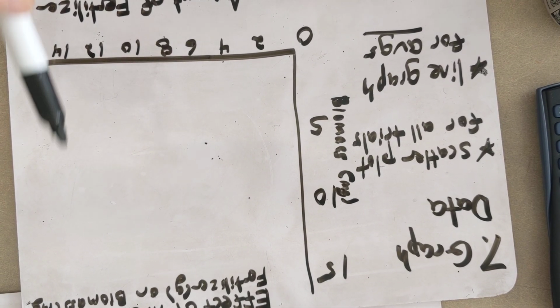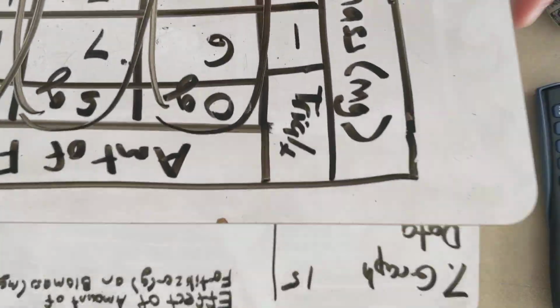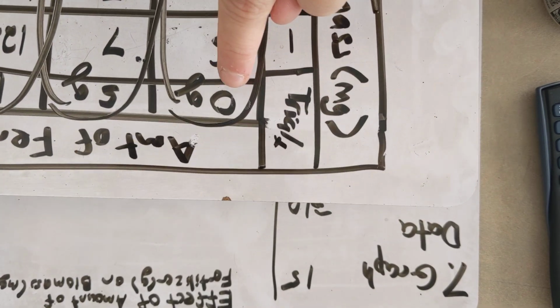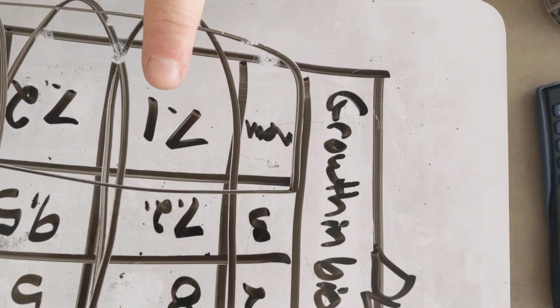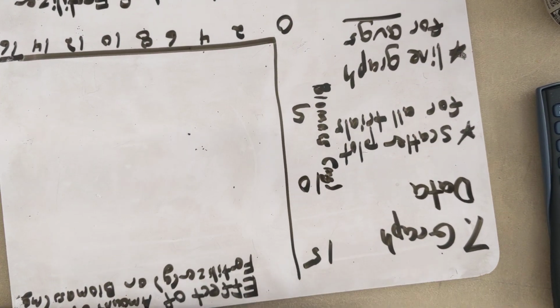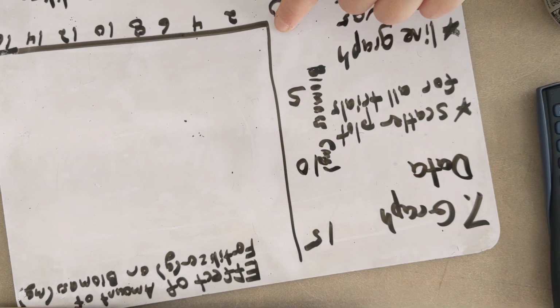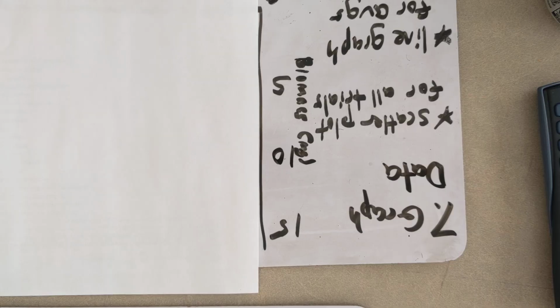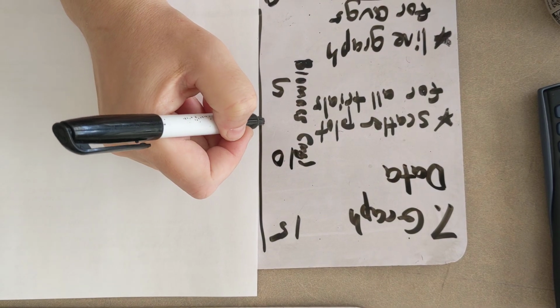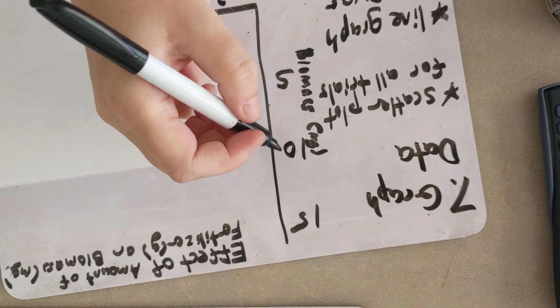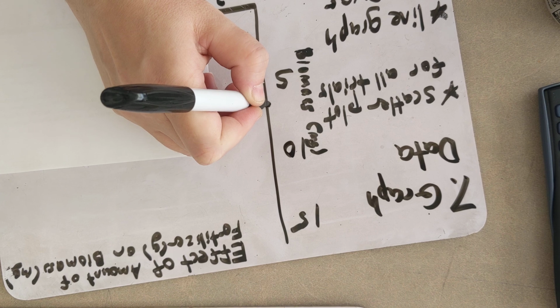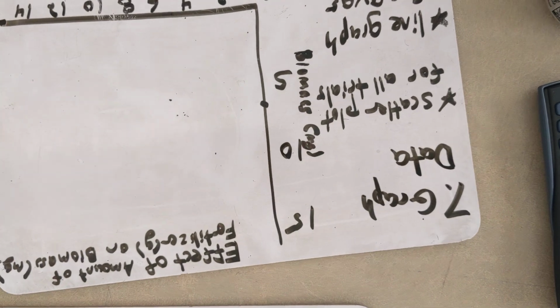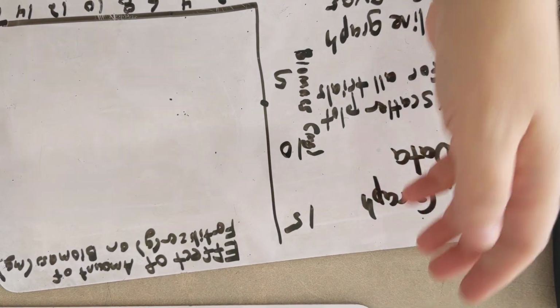So finding the intersect means I go to my independent variable, which in this case is the 0, and I go to the dependent variable and I find where they intersect. So 0 is obviously right here. So I'm going to take this paper and lay it there. And then I'm going up to 7.1, which is going to be about right there. And that's it. The intersect is where the 2 points meet.